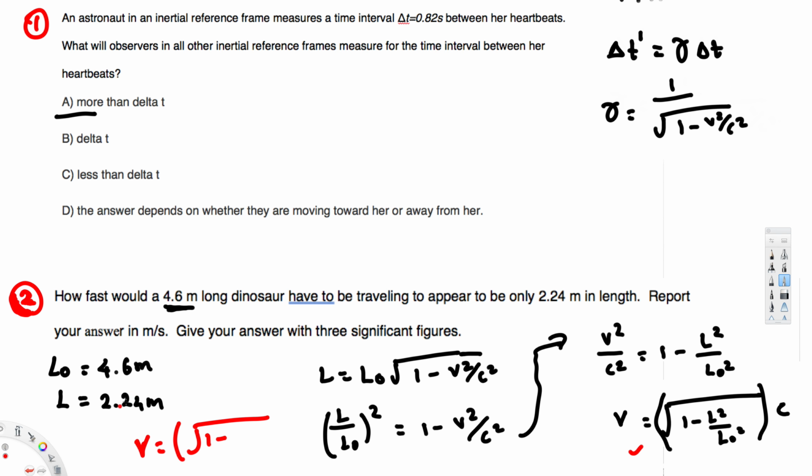So that one we want it to be 2.24, squared, over the length at rest, which is 4.6 meter. So 4.6 squared, and then the speed of light is c, that is 3 times 10 to the power of 8, right? And if you solve for this one, you should get around 2.62 times 10 to the power of 8 meter per second, right?